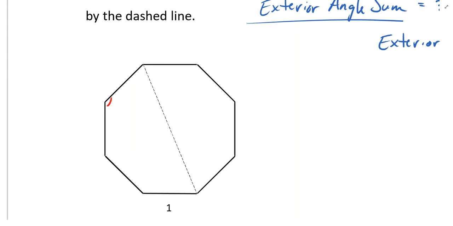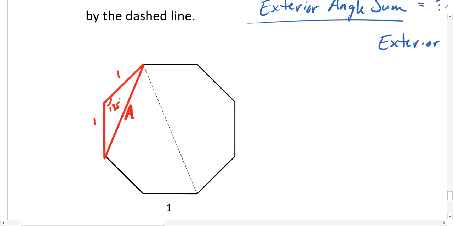So I'm going to get that out of the way for just a second and then draw a triangle. If we note this triangle here, and we note that this being a regular octagon has side lengths of 1, 1, and an angle of 135, then you can certainly use our oblique triangle techniques to find the length of this diagonal, and we'll call that diagonal A.